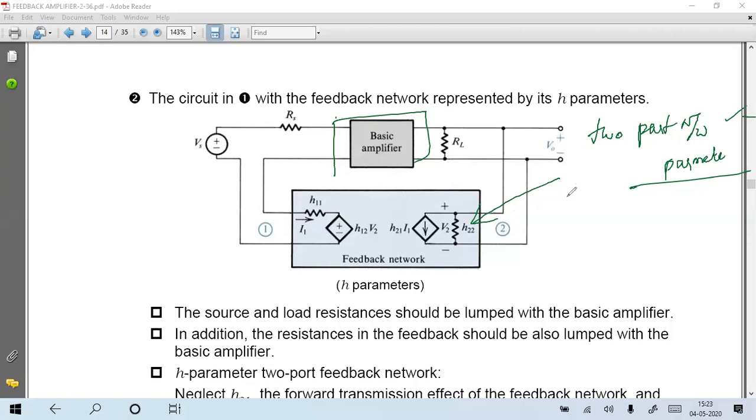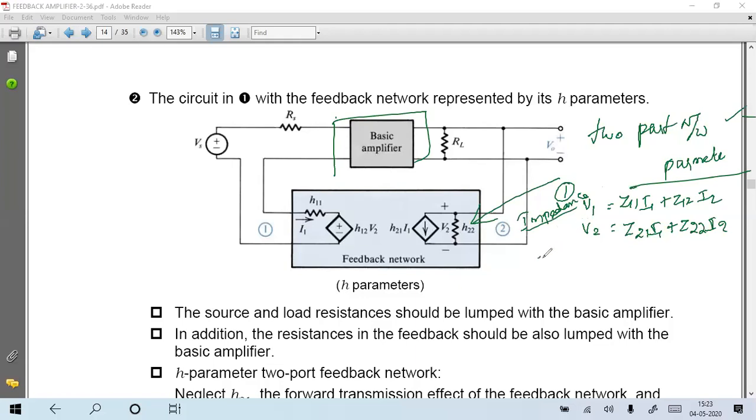V1 and V2 are the dependent parameters: V1 equals Z11 I1 plus Z12 I2, and V2 equals Z21 I1 plus Z22 I2. This is the impedance network parameter set.